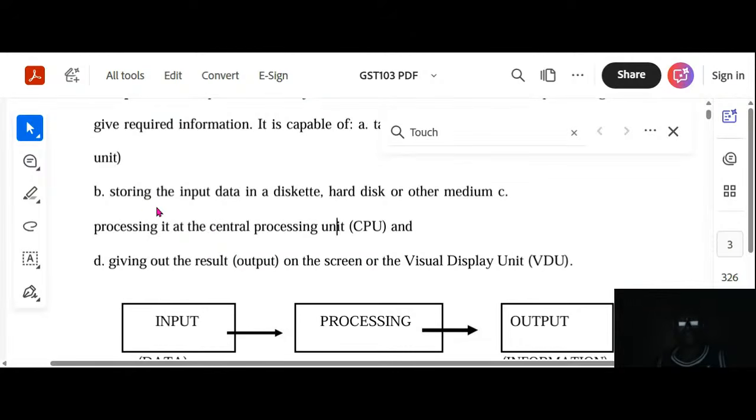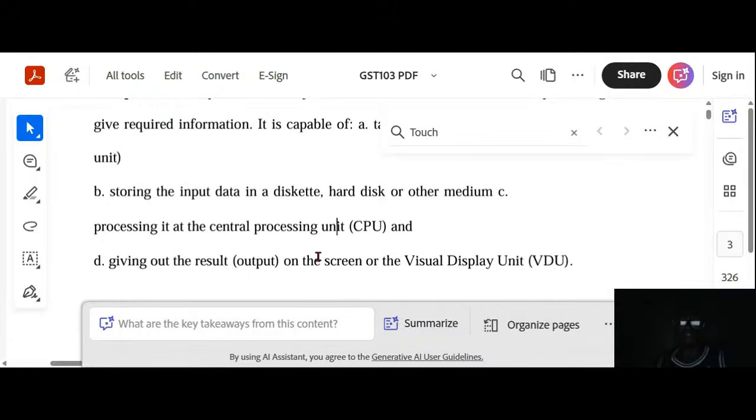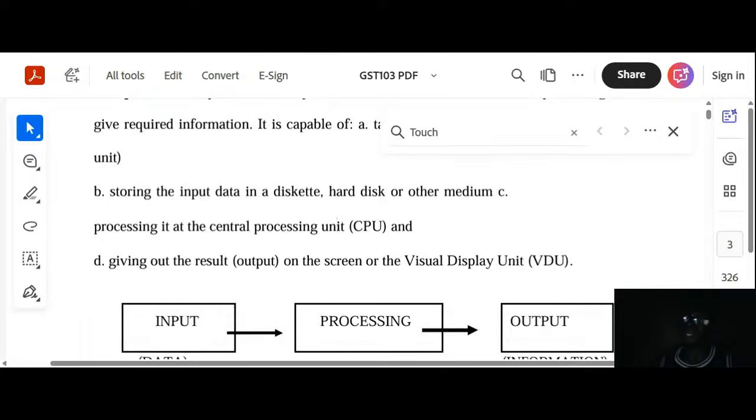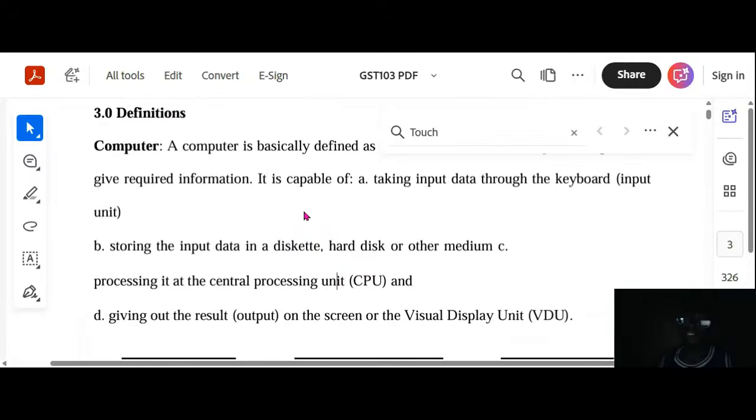So storing the input data into a disk and then giving out the result output on the screen. Well, let's use something very simple to relate to this so that tomorrow, at least you can remember each of these capacities of a computer, what the computer is capable of doing. You shall remember this illustration. Consider it like yourself attending a class.